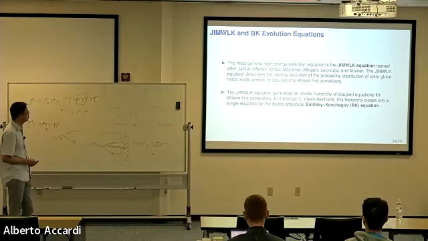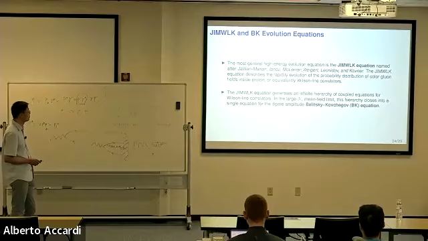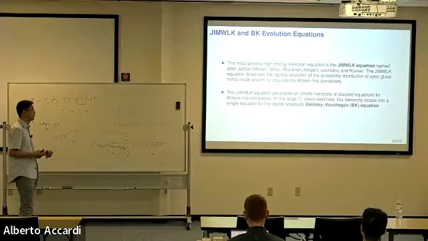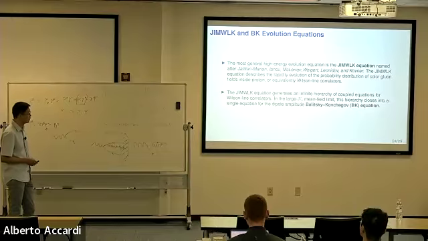The most general form is called the JIMWLK equation, named after these authors. It was developed around 2000. This equation is the rapidity evolution of the probability distribution of the Coulomb fields inside the proton. This equation will generate a coupled hierarchy of Wilson line correlators.